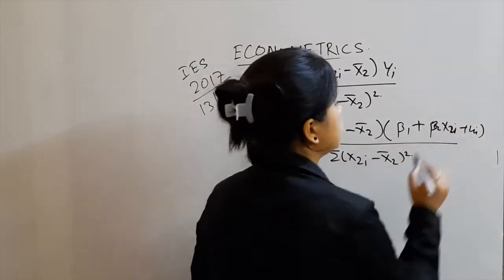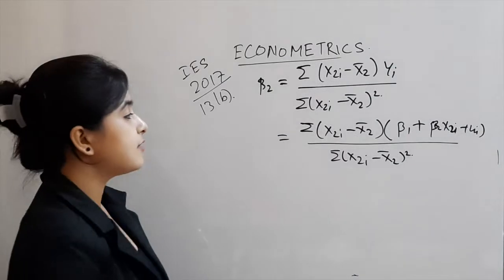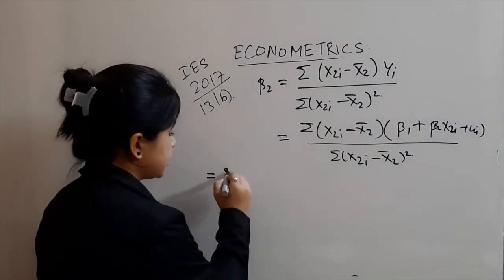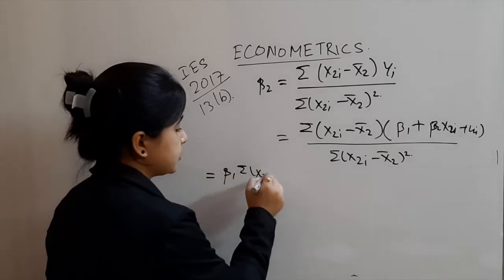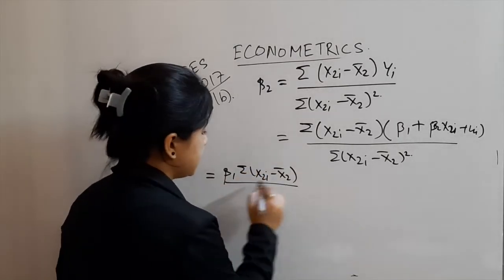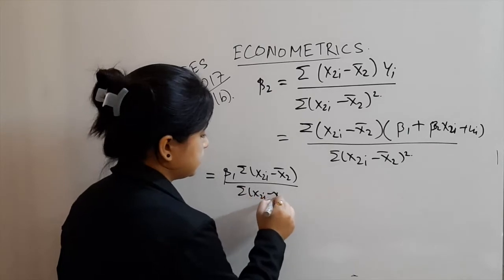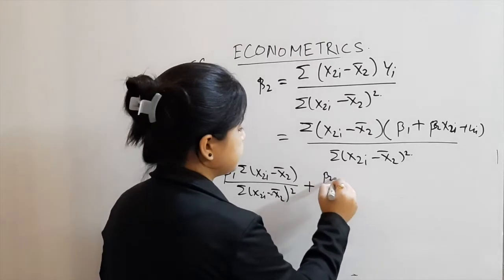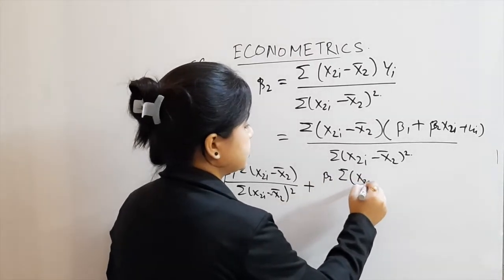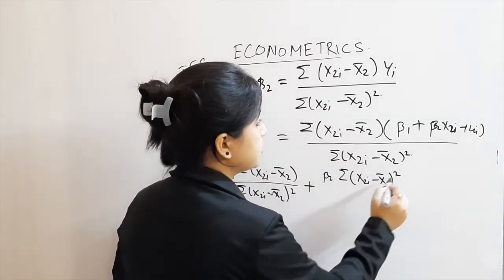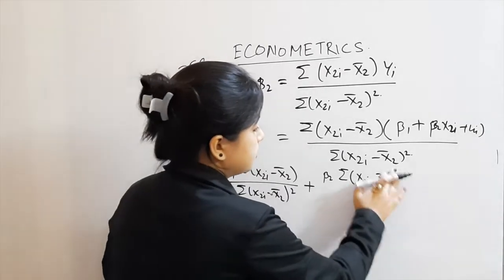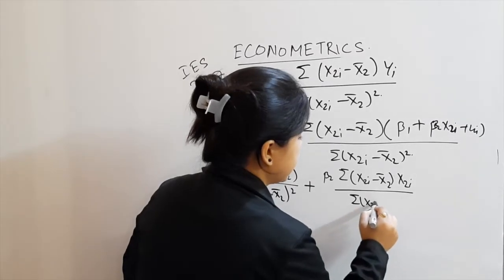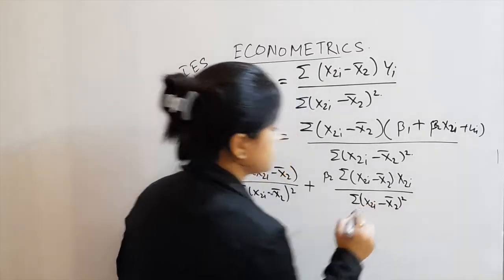Now again we have to expand it, right? Let's do that. Starting with beta 1 summation of (x2i minus x2 bar) over the denominator whole square, with a plus beta 2 and summation of (x2i minus x2 bar) multiplied by x2i divided by summation of (x2i minus x2 bar) whole square.